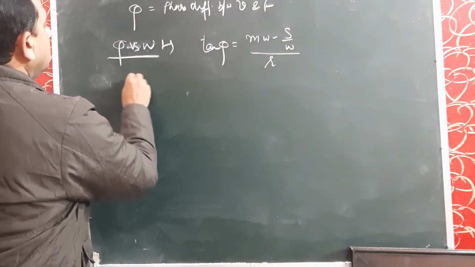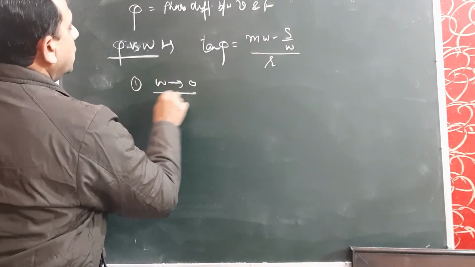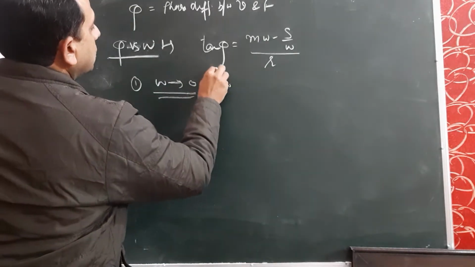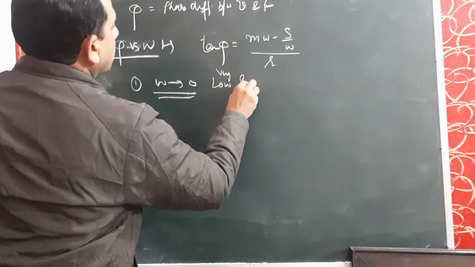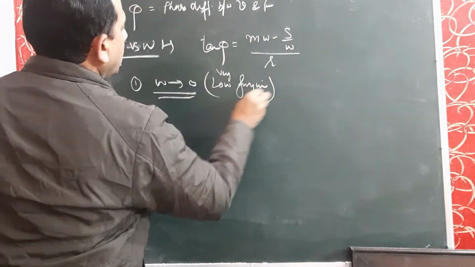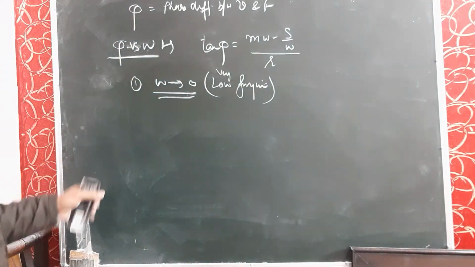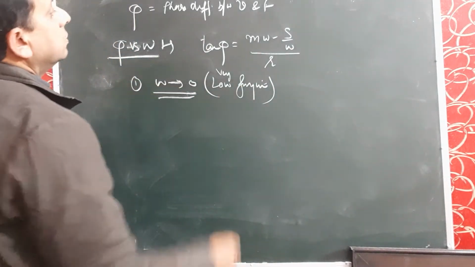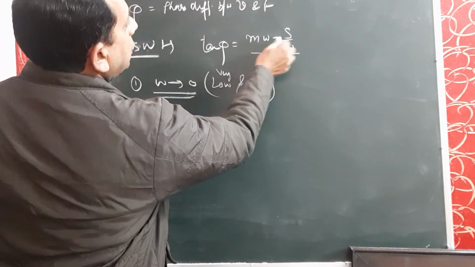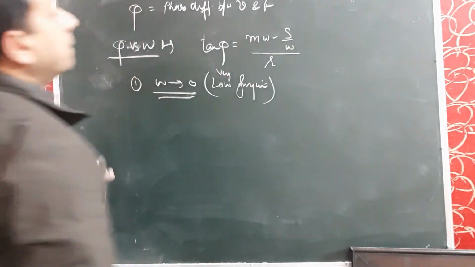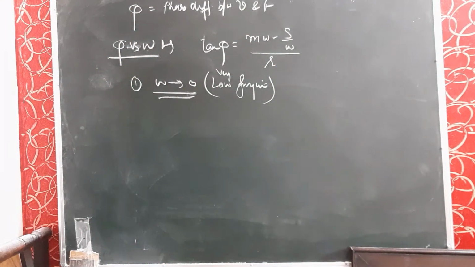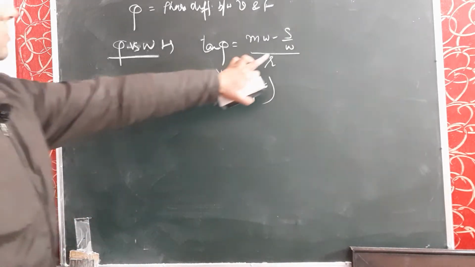First case: omega tends to 0, that is, at very low frequencies. When omega tends to 0, m omega becomes 0 and s by omega becomes infinity.